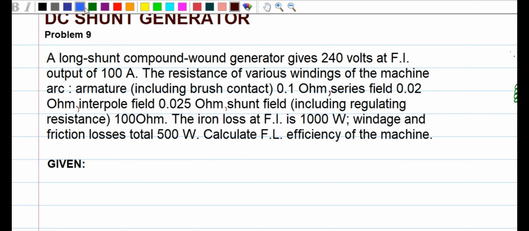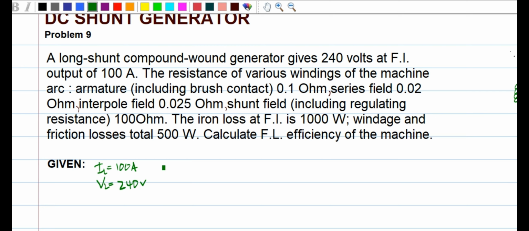First things first, we have to write the given. Full load current output, we have IL of 100 amperes, VL of 240 volts.